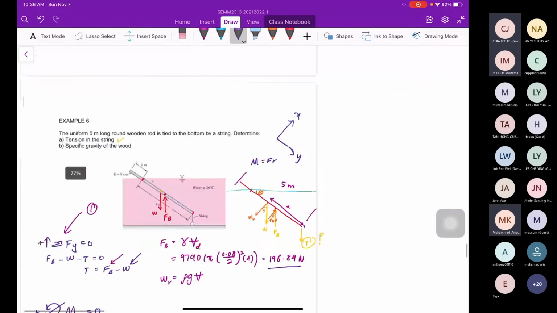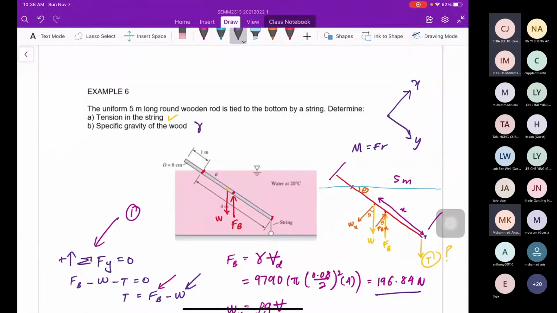However, how to find the specific gravity of the wood, which is gamma of the wood? The gamma of the wood we can directly get from the weight of the wood multiply with gamma of the wood multiply with volume of the wood.